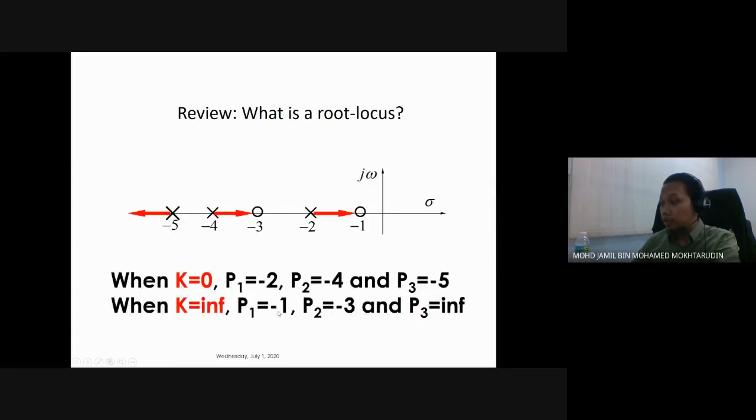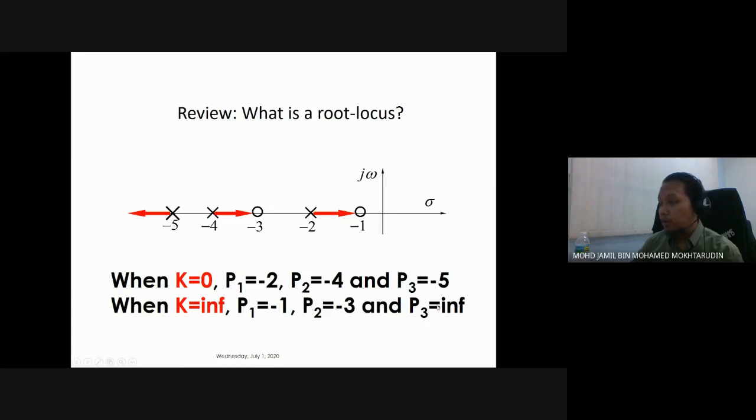So you have two poles, -1 and -3, and we add one more pole because we know that at K equals 0 there are three poles, and at K equals infinity we found only two poles. So we need to add one more pole so that K at infinity has the same number of poles as K equals 0.